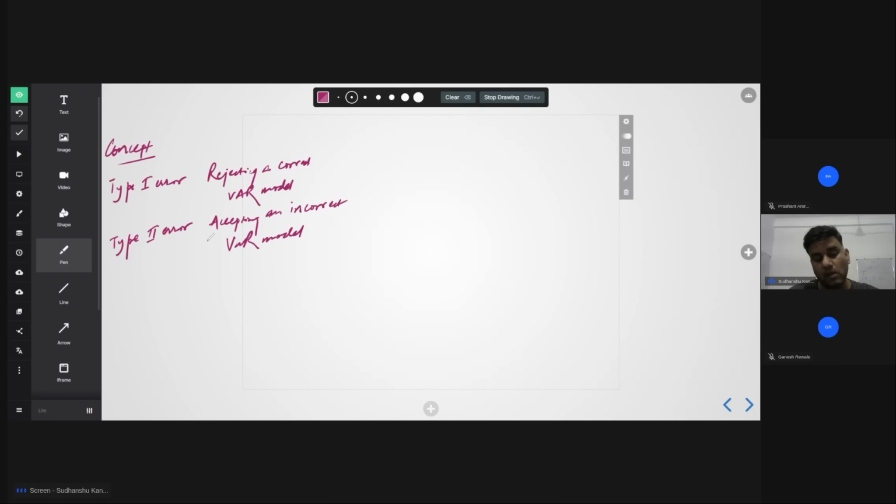Type 1 error is the error rate, right? Rate is this, I wrote it in the previous slide also.